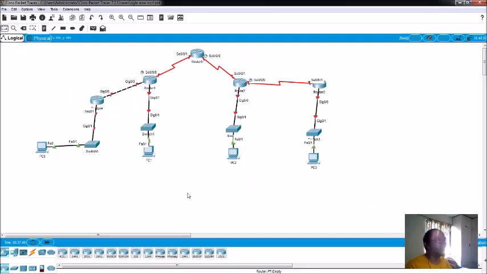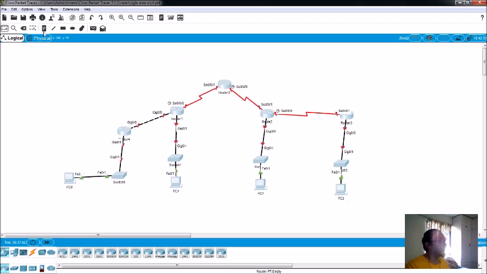So we will try to configure a single area OSPF here. This is a single area OSPF. Why single area OSPF?